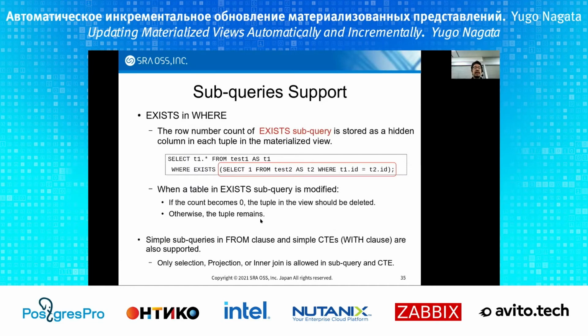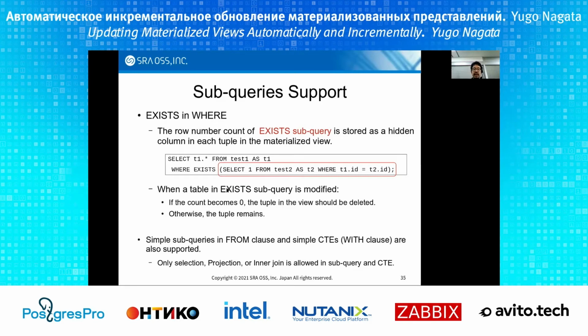Finally, I'll explain subquery support. Now we are supporting the EXISTS clause in WHERE. To implement this, the row count of the EXISTS subquery is stored as a hidden column in each tuple in the materialized view.